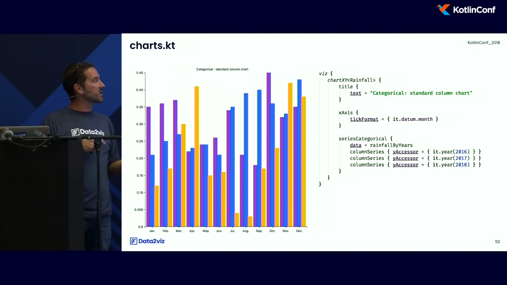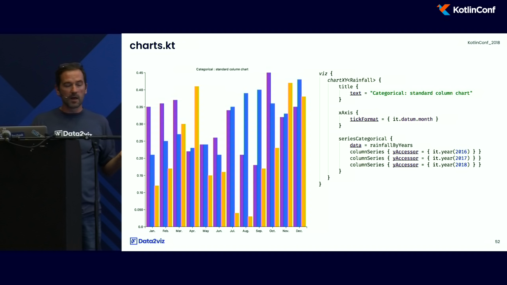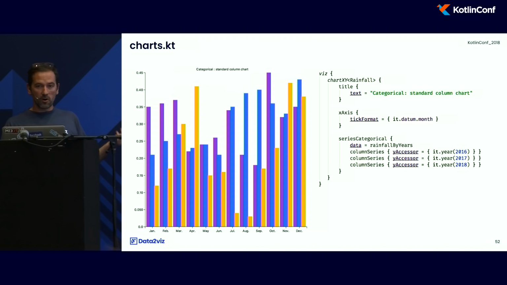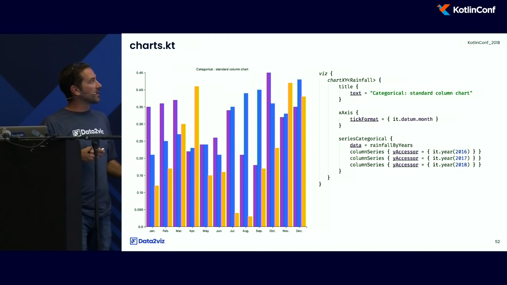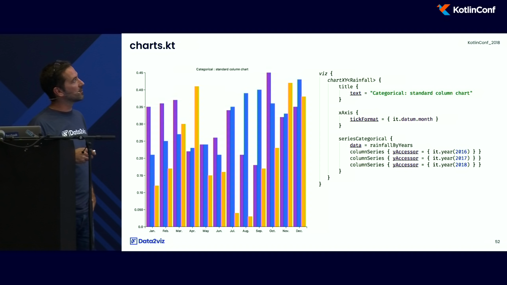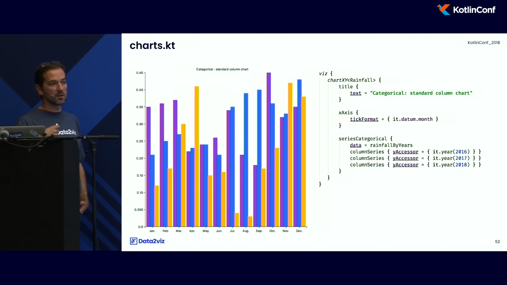So it's managing the axis, for example. There is almost nothing on the axis. It's managing the scales, the colors. So here are the colors by default. It's managing the sizing, the padding, etc. And here we just have to define in the DSL what is specific to these charts. And all the rest is done by default.